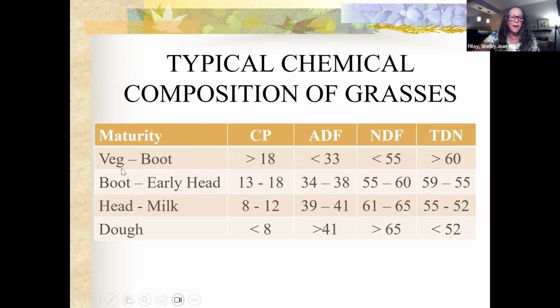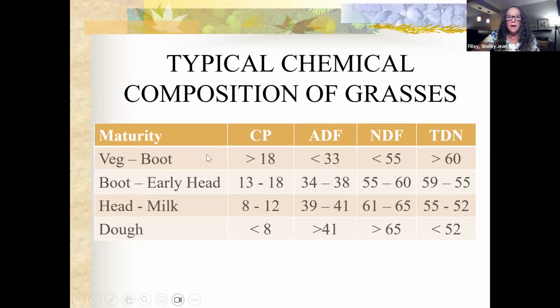So for grasses, we look at vegetative to boot, and boot stage is where the seed head is inside the sheath of the plant, and it starts to grow and come out of the stalk, and then early head to head where the seeds have headed out. And at first they're quite watery or milky, and then they get dough, and then they get hard seed. So this is the maturity we're looking at of these grasses.